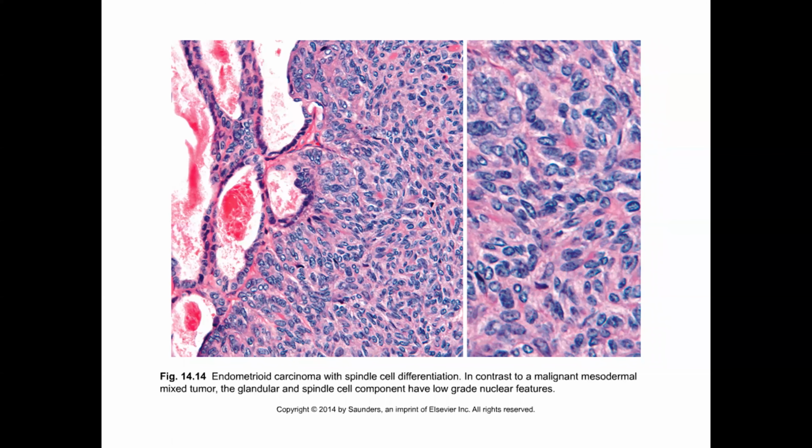Here's again another pattern, a more spindle cell pattern, and we can see spindle cell patterns in endometrial carcinomas that could mimic, again, a sex cord stromal tumor like a fibrothecoma or other type of stromal neoplasm. Again, these would usually have somewhat different borders and margins, but if you had been compromised in your ability to evaluate things grossly, that might occasionally come into the differential.